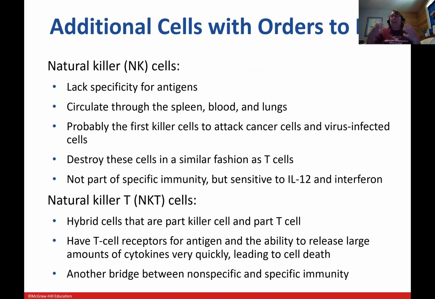What that does is facilitate the other types of cells in actually doing the killing, because it gives that cytotoxic cytokine milieu that those cytotoxic T cells work in. So again, it's another one that's kind of in between. It's not exactly innate and it's not exactly adaptive, but it's definitely very effective for certain types of infected cells.